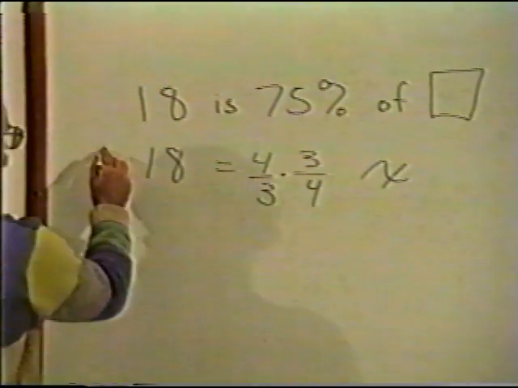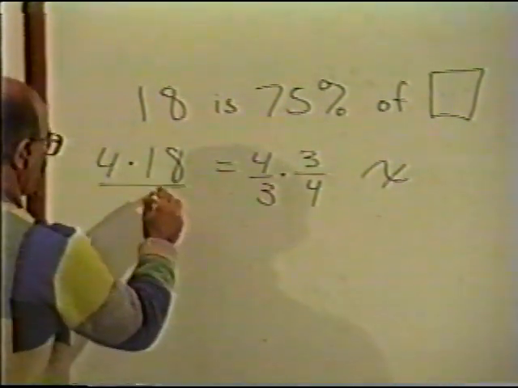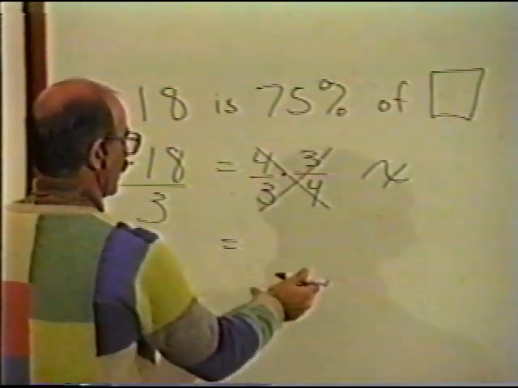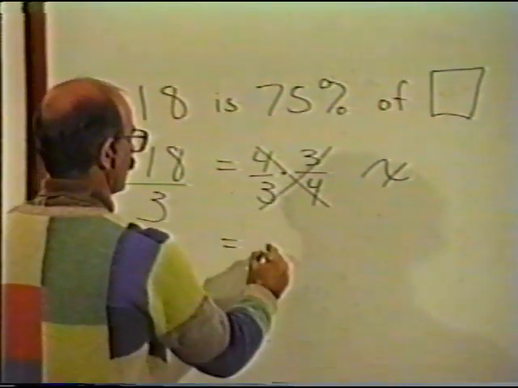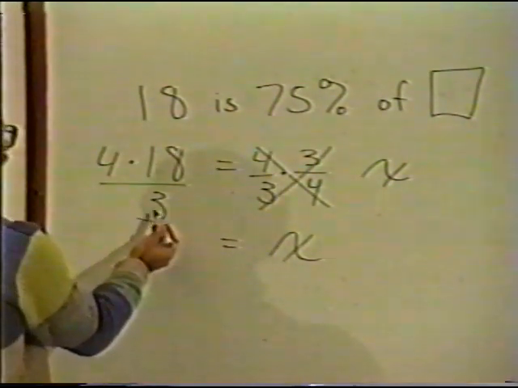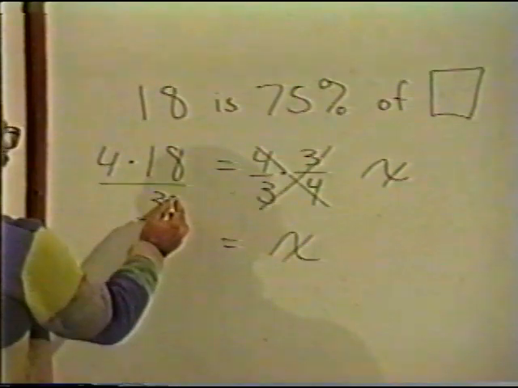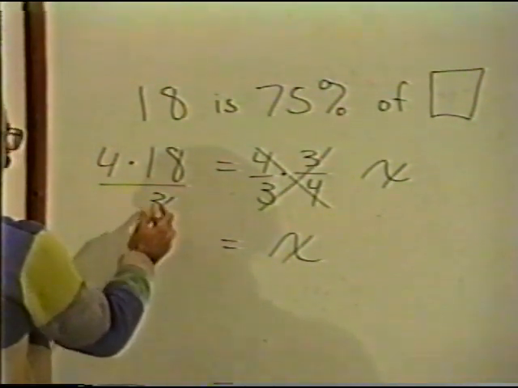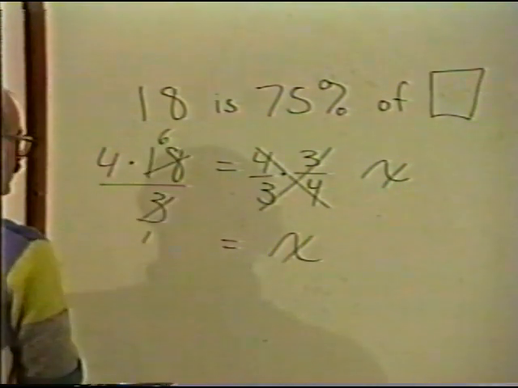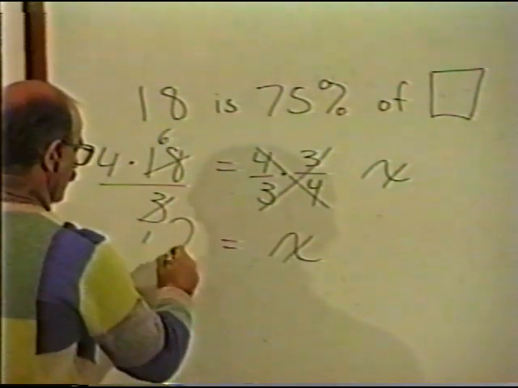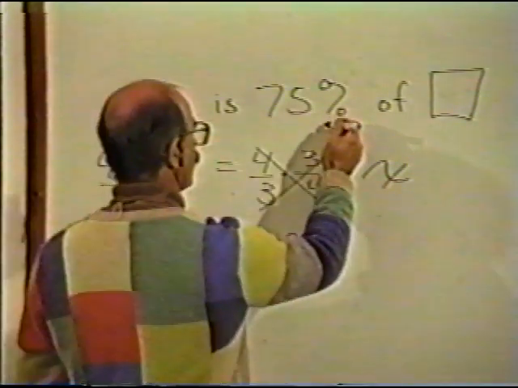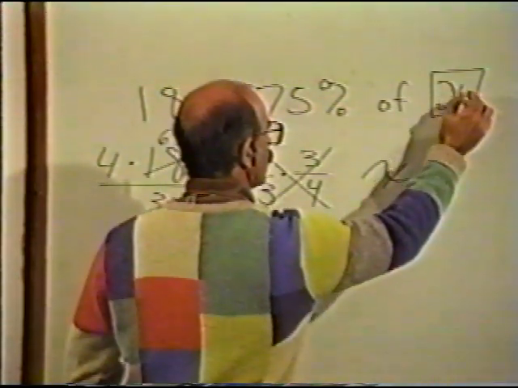4/3. These cancel out, leaving us on this side of the equation just plain X. Here we can cancel the 3 and the 18. 3 into 3 is 1. 3 into 18 is 6. 4 times 6 is 24, and our answer is 24. 18 is 75% of 24.